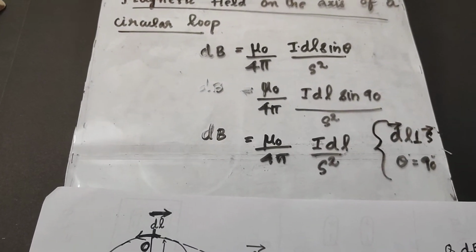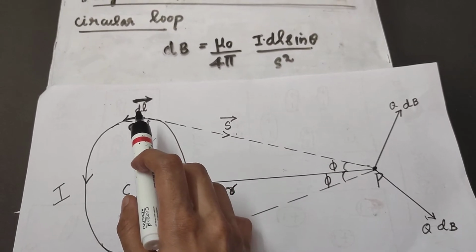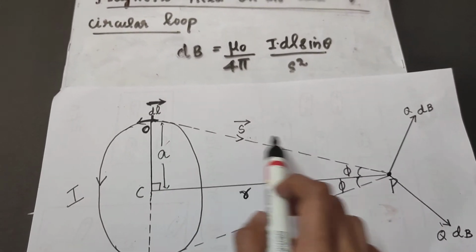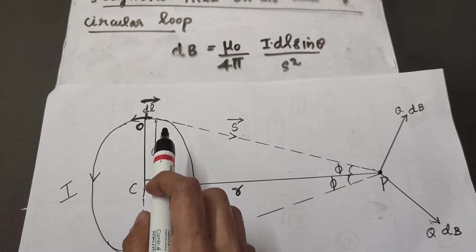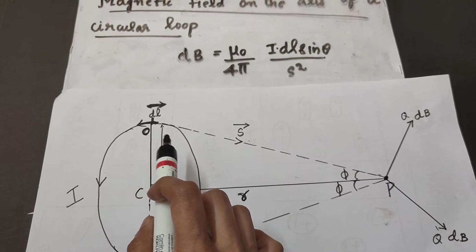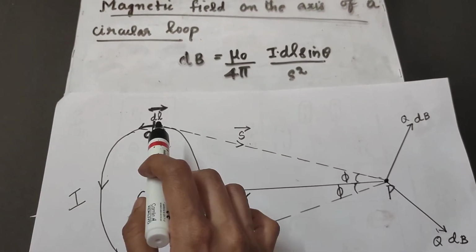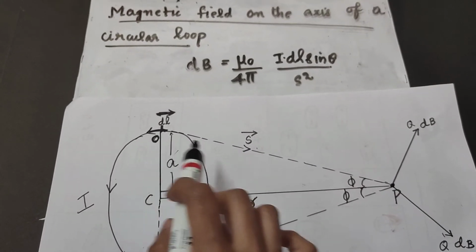Theta is the angle between the current element dl and this distance OP. So what is the angle between them? It makes an angle 90 degree with each other, since dl is perpendicular to this distance OP.